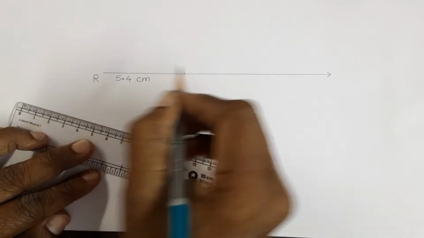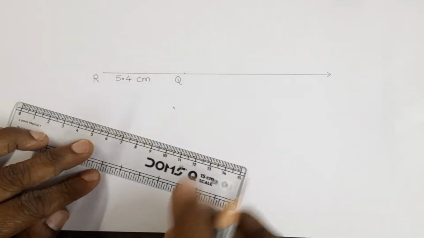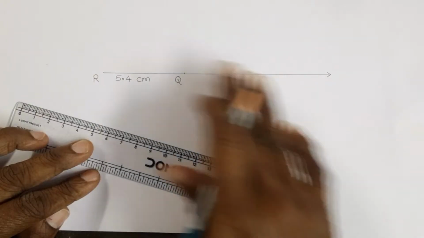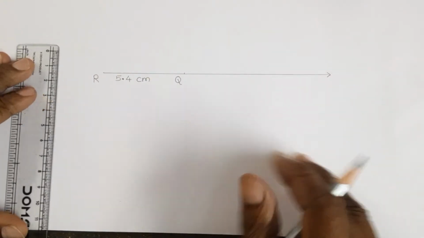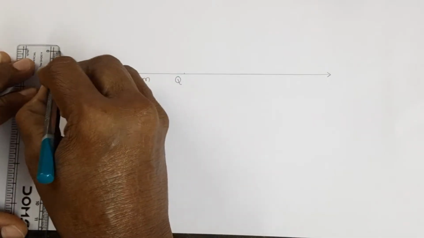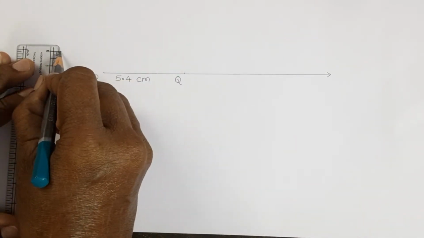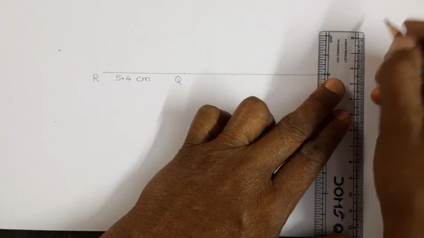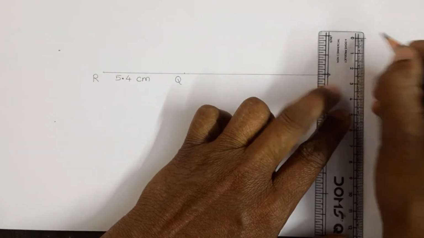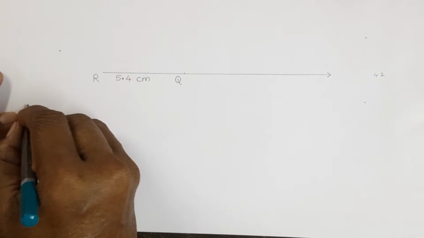Here R, Q. This one is the Q. Okay, RQ is 5.4. Then here taking 4.8 and 4.2 distance. This one is the 4.8, and here I mark 4.2. Okay, this is 4.2 and this is 4.8.